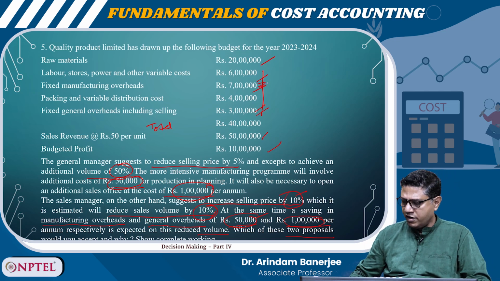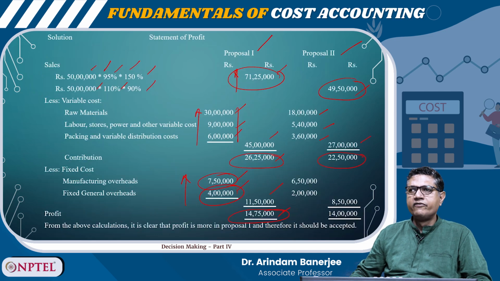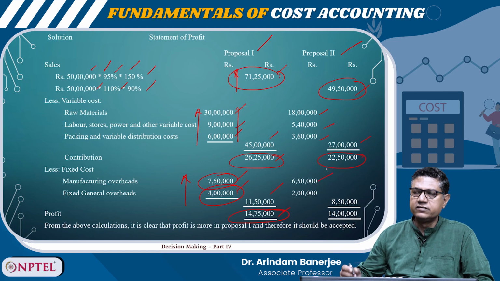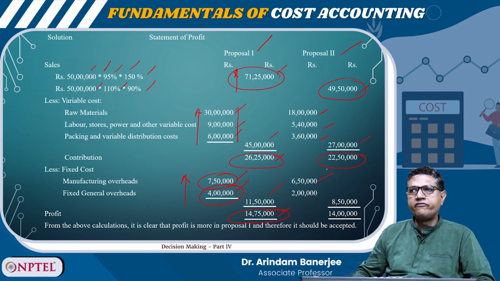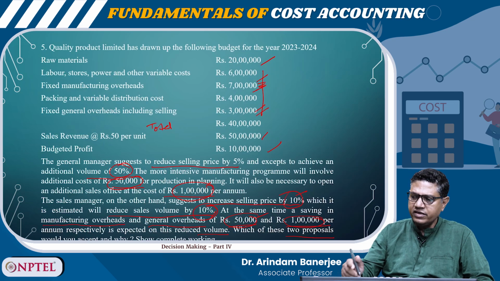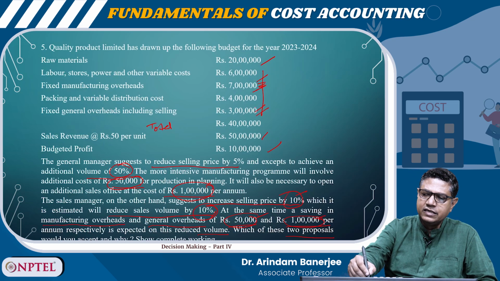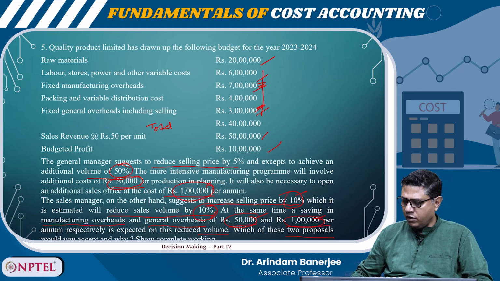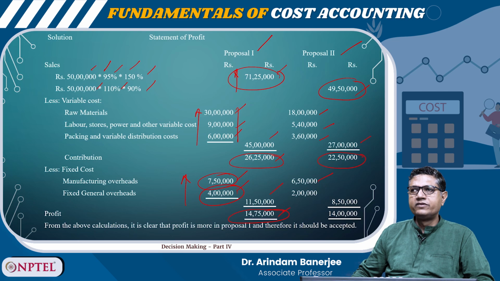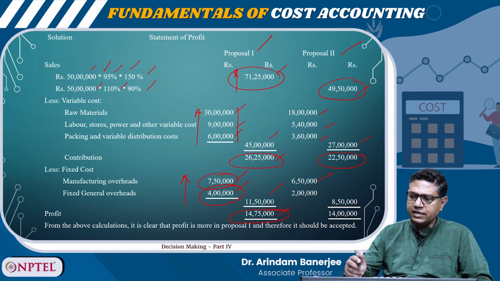If I adjust 50,000, my overhead is 6,50,000, right. And in fixed general overhead, the company is also saving 1 lakh, which was earlier 3 lakh. So, now after saving 1 lakh, it is becoming 3 lakh minus 1 lakh, so 2 lakh, right.